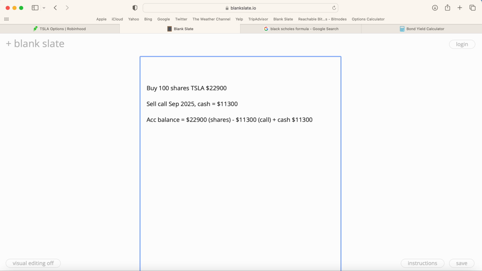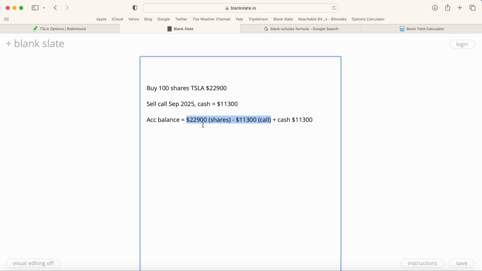Now, as we move forward in time, you're going to see that these two numbers are going to vary. If the shares go up in price, you're going to see that this number increases, and this negative number is going to increase as well. But in a way, they are going to offset. And the same thing is going to happen if the share price decreases.